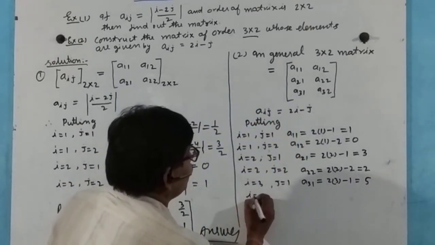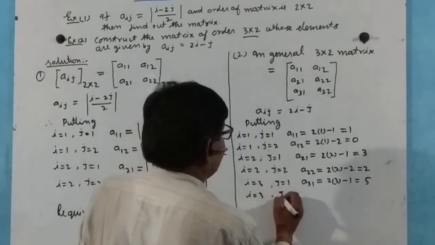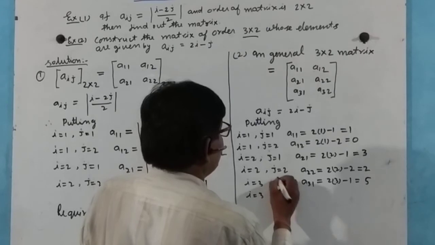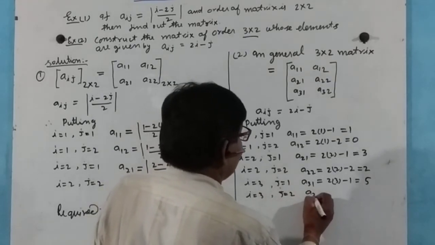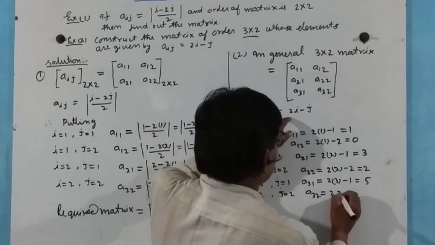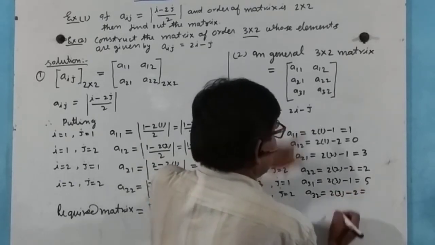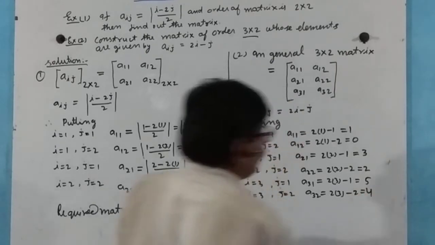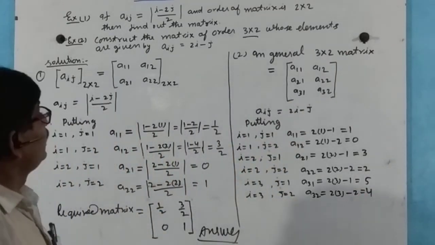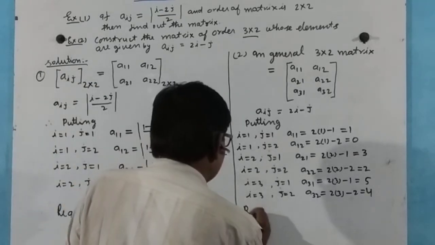I equal to 3, j equal to 2, A32 equals 2 into 3 minus 2, 6 minus 2 equal to 4, so that in this case we construct the required matrix.